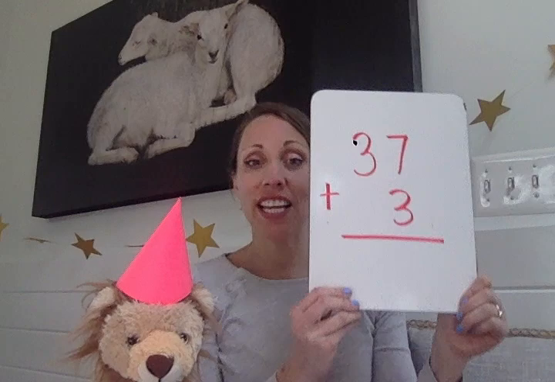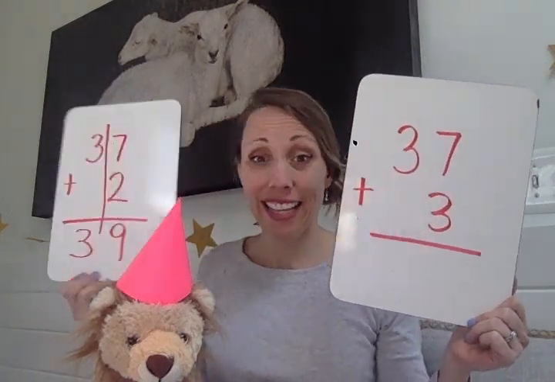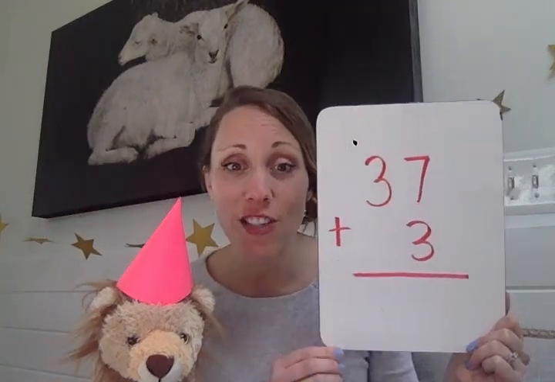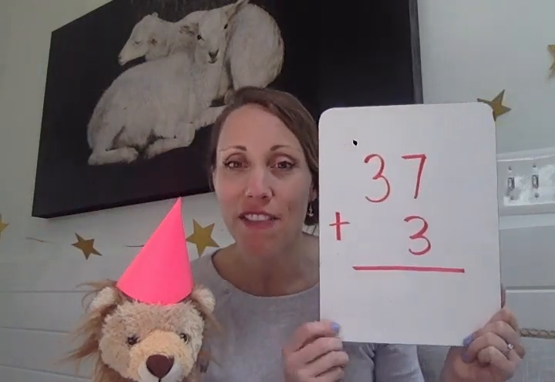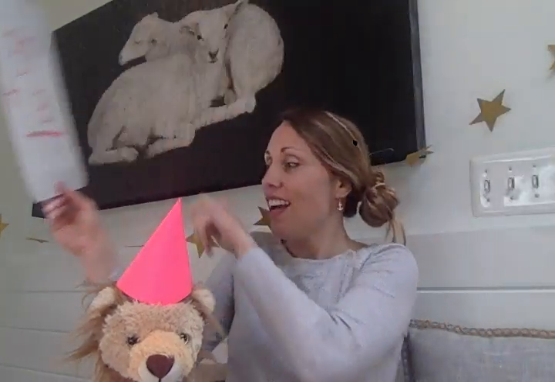The problem that I'm going to use to show you this is 37 plus 3. That's very similar to this, but you'll see that a lot changes just because of this number here. So before we do it like this, I want to show it to you very quickly with our number trains and with our tens and ones sticks, okay? So let's get started.